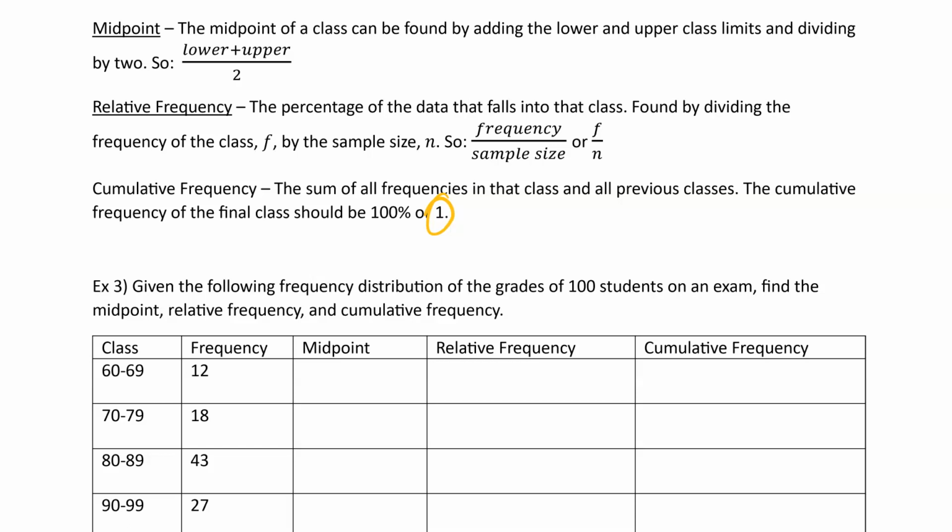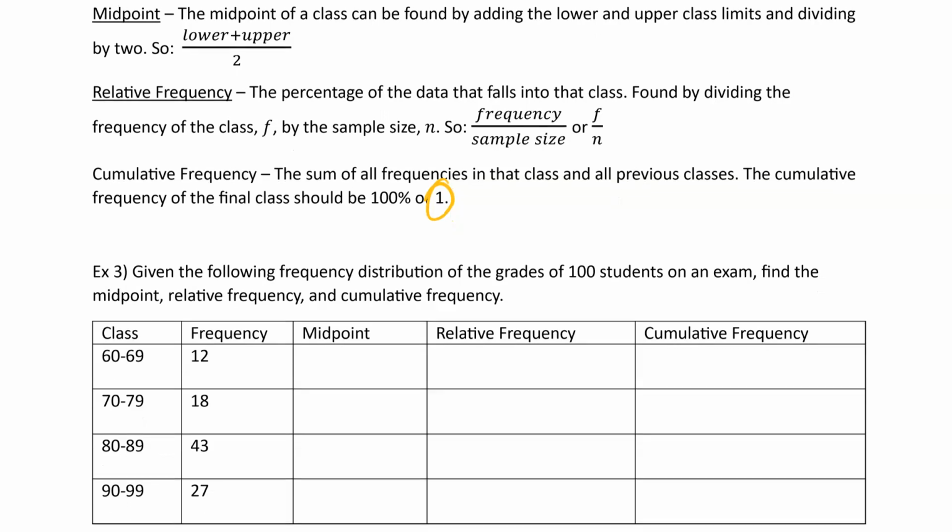Okay. So let's go ahead and look at an example that takes all of those things into account, and we can start going through how to do them. Given the following frequency distribution of the grades of 100 students on an exam, find the midpoint, relative frequency, and cumulative frequency for each class.